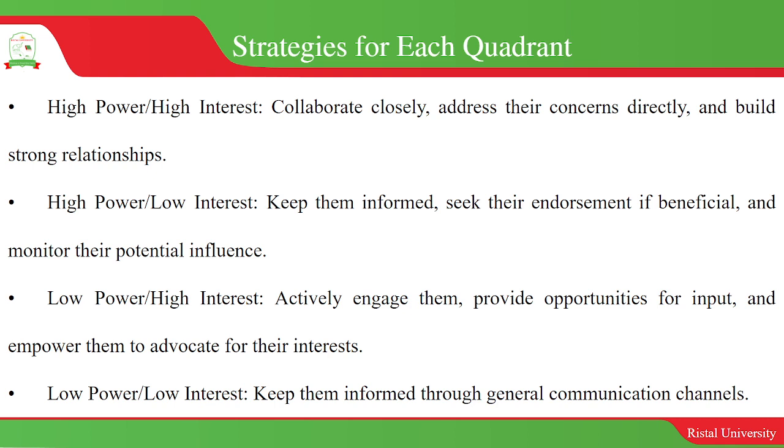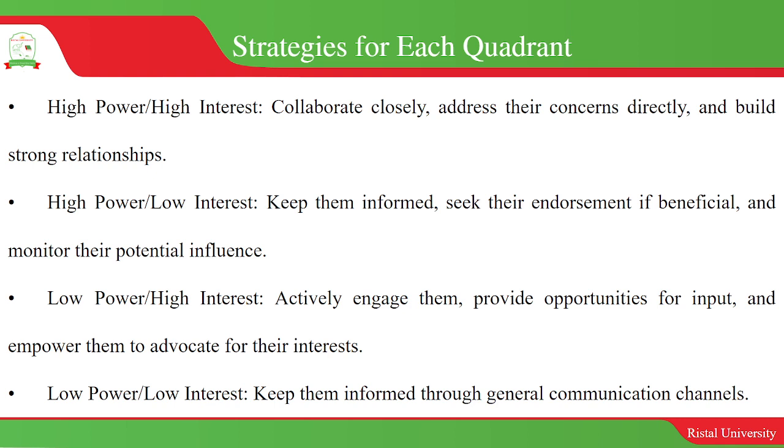High power, high interest, collaborate with them, address issues that they raise, and then build strong relationships with them. Because at the end of the day, they have greater influence. And then the next quadrant, which is high power, low interest, keep them informed, seek endorsement if that endorsement is beneficial, monitor their potential influence.